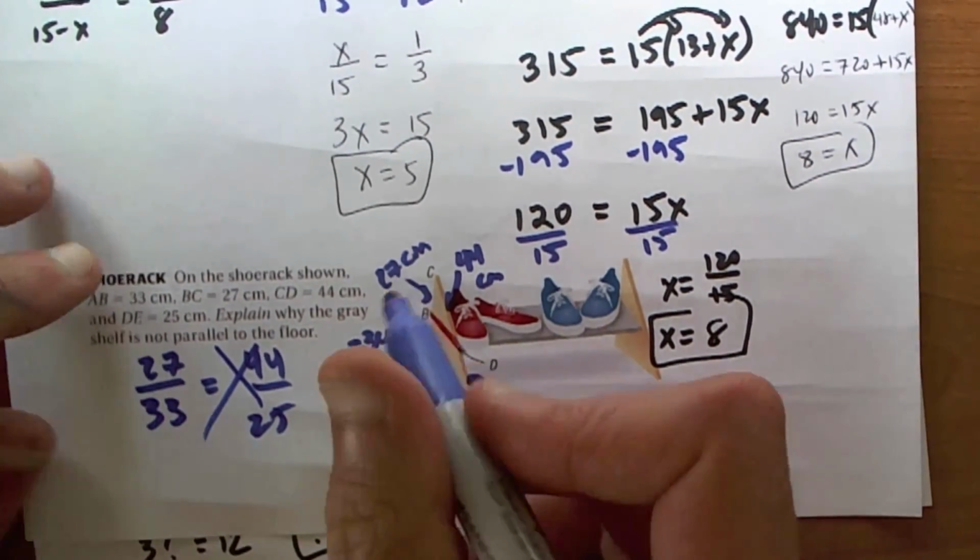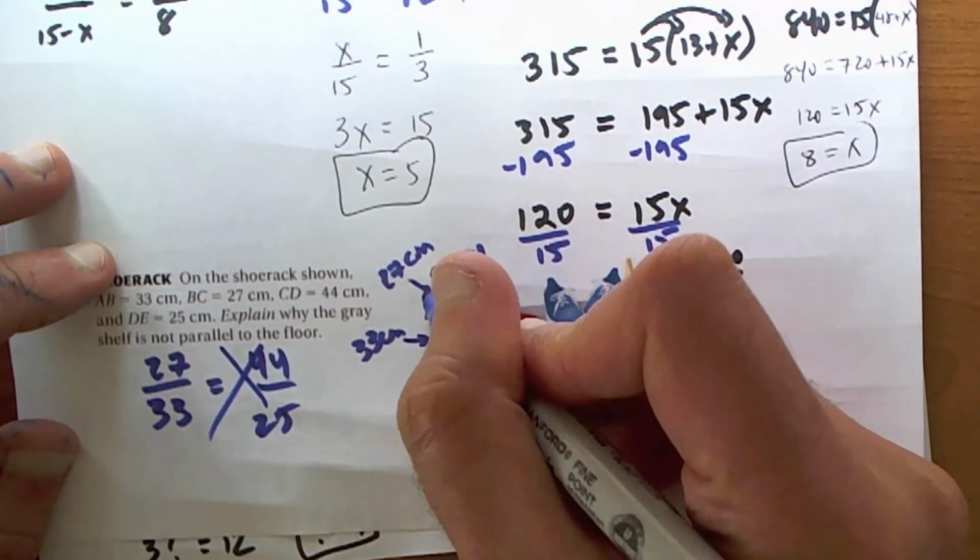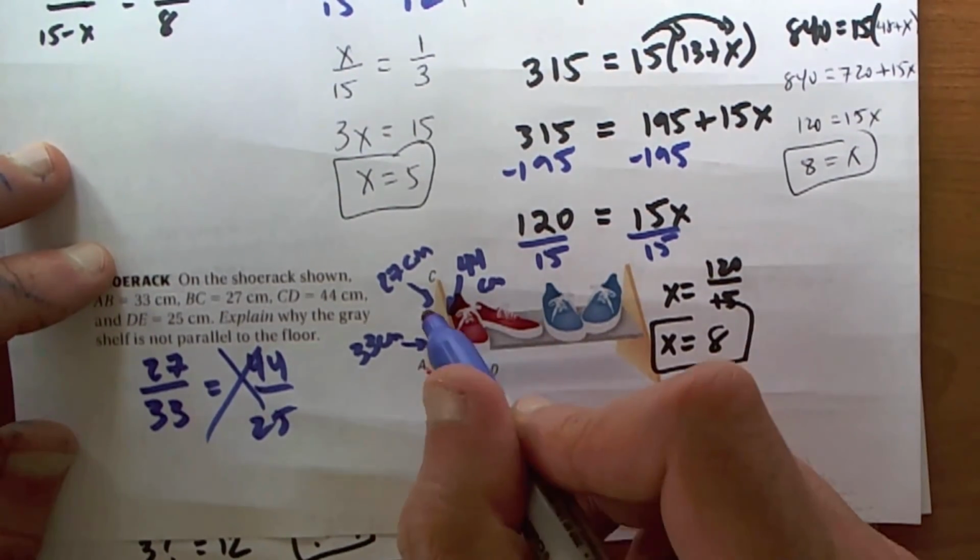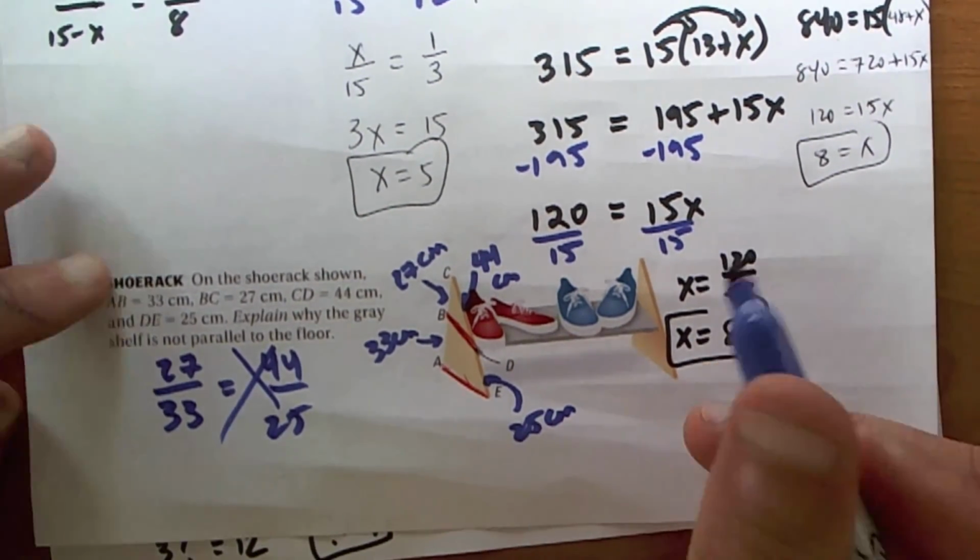So since we know that this is not forming proportional sides, we could say that BD is not parallel. Right?